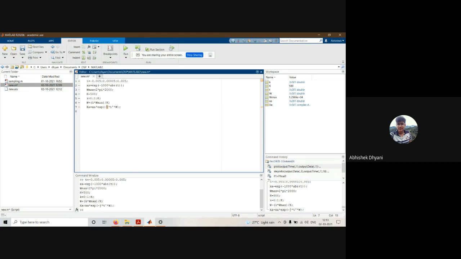We also have j here. So this will first of all become a column vector and then we'll multiply it with omega, right? So that is why we get XA as a 1 cross 501 vector. Now you notice that it says complex double.